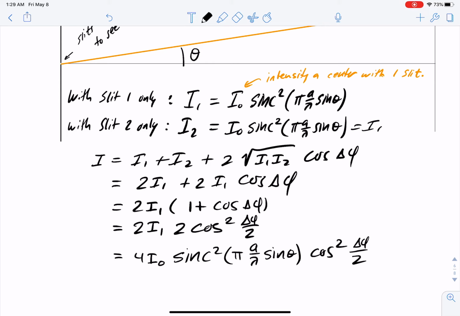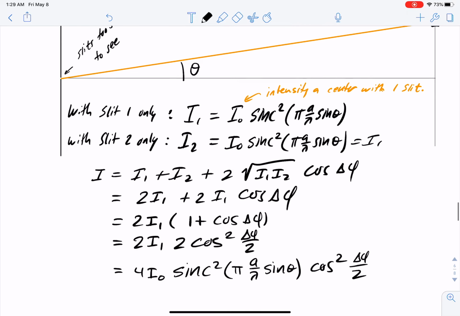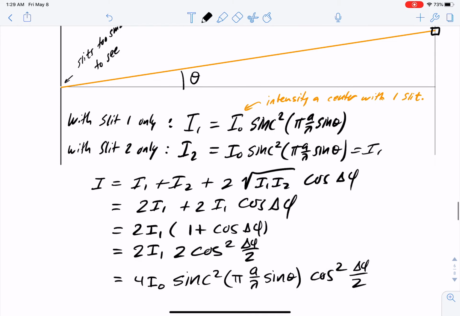So that's all nice. But we haven't really done the geometry yet. The only thing we've done at this point that's different than what we did before was notice that for the double slit, these two intensities are the same. But again, so far this will work for everything where both of the sources have the same intensity.